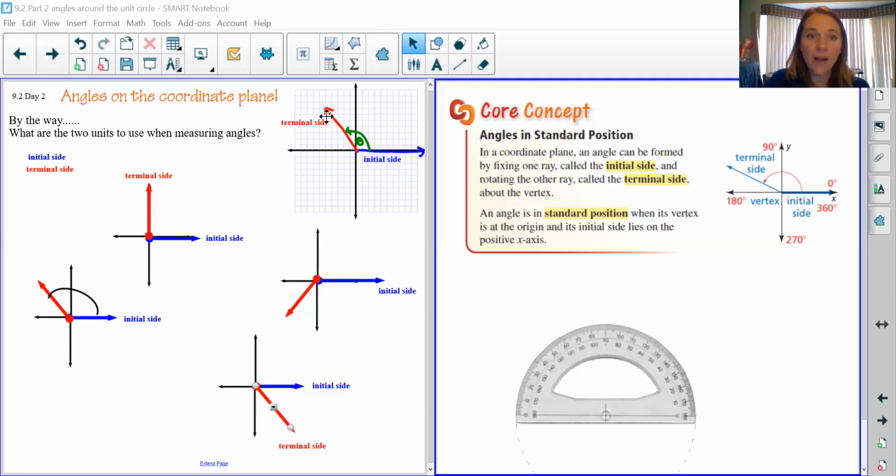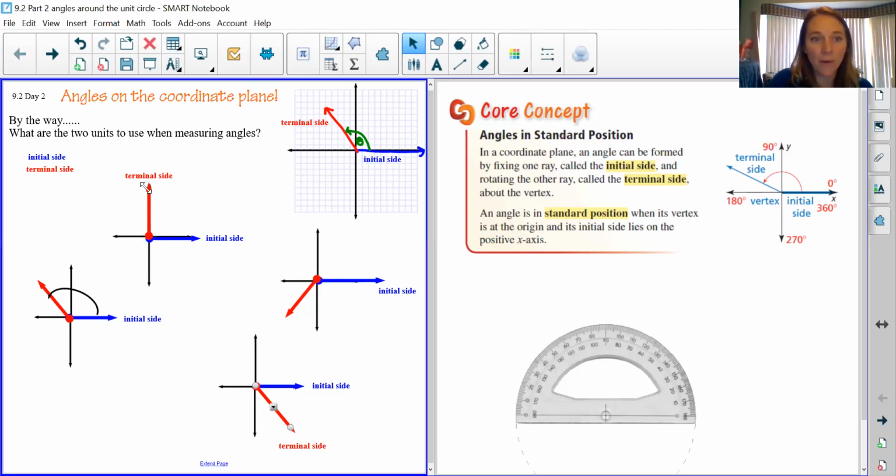Then we take a second ray and rotate it, in a counterclockwise direction if it's positive, a clockwise direction if it's negative, but we'll talk more about that soon. And then we'll call that the terminal side. So these two rays at the origin, when we rotate the terminal side, form an angle on the coordinate plane. And you can see how these are formed.